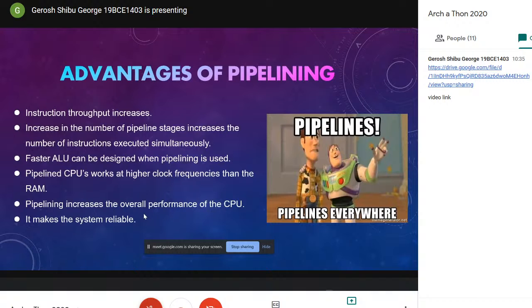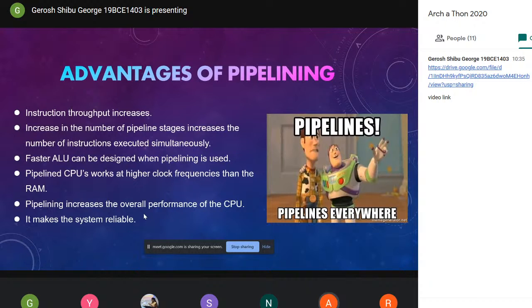Coming to the points now, the first advantage is that the instruction throughput increases. Instruction throughput is the number of instructions divided by the total time taken to execute them all. In a pipeline, multiple instructions are executed simultaneously, like in one stage execution is happening, and in another stage decoding is happening.